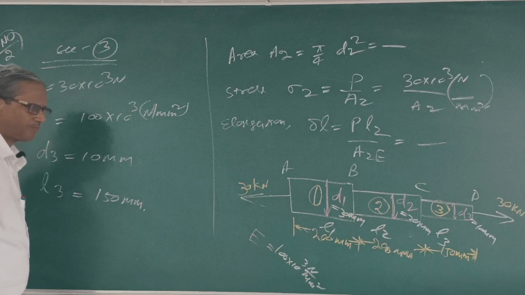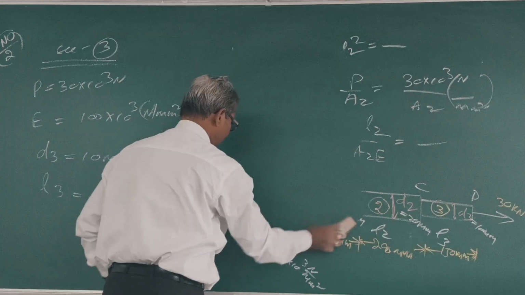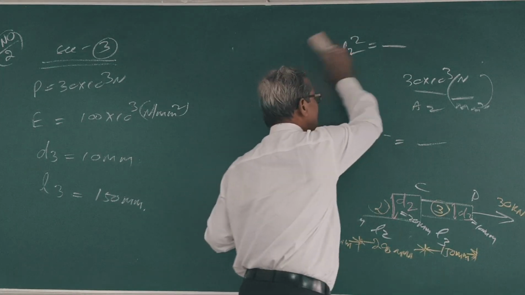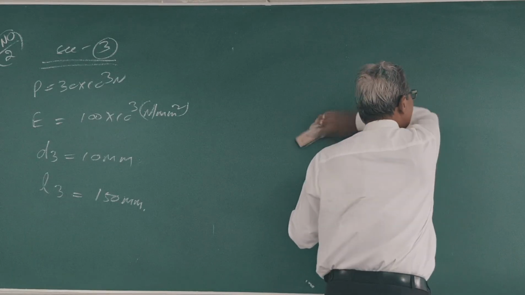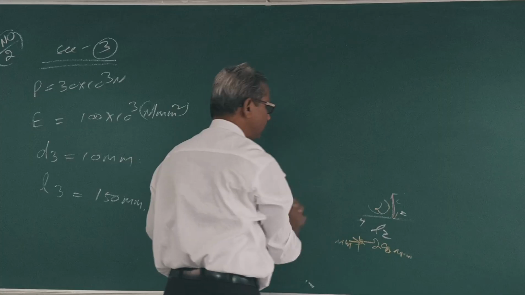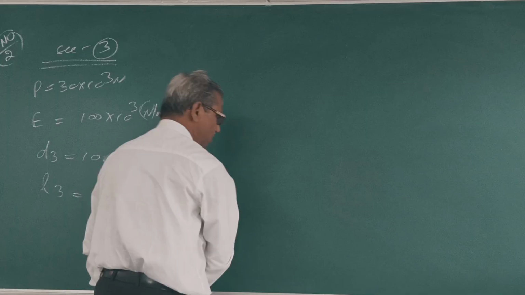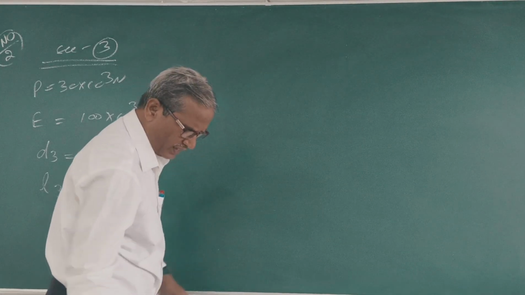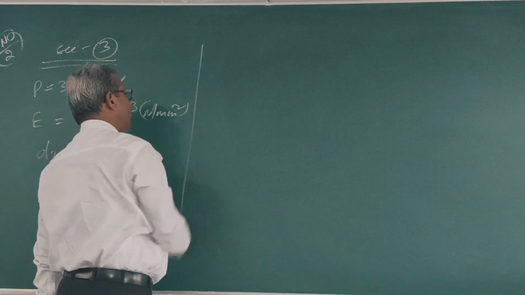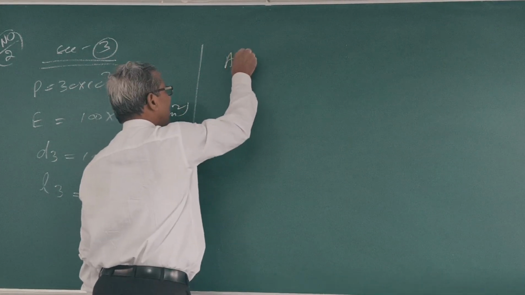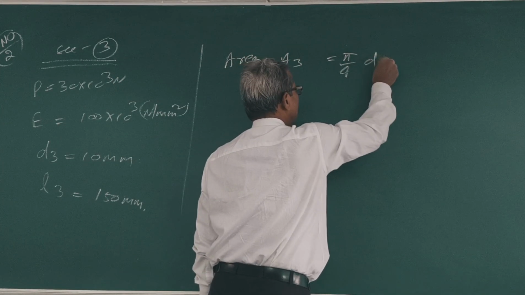Now, area. What is the area A3? Area A3 is equal to pi by 4 into D3 square.